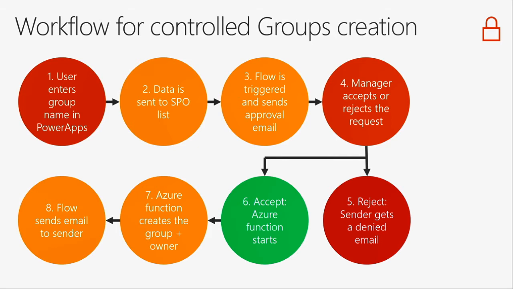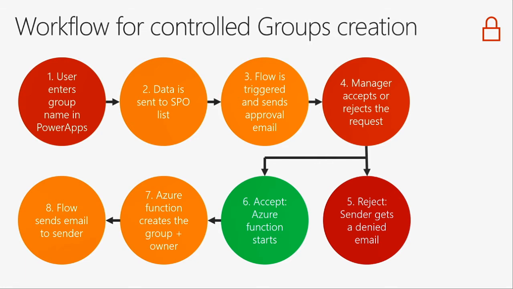So the manager receives an email, and he is able to accept or reject the group creation process. If he rejects this, the group is not created, and the flow breaks at that time. If the manager approves the group creation, an Azure function creates the group in Azure, adds the requester as an owner of the group, and adds the requester also as a member of the group.